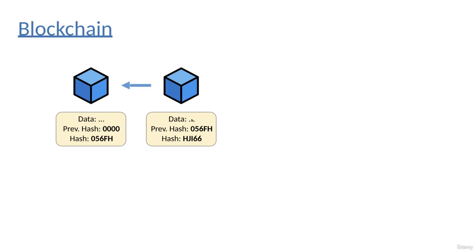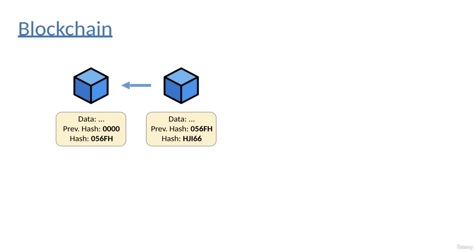We can store any data we want. If we are dealing with cryptocurrencies, then of course the data is the transactions the given block is storing. Of course we have the actual hash HJI66. This hash identifies the second block uniquely, and as you can see we store a reference to the previous block. So you may guess that the previous hash is equal to the actual hash value of the previous block.